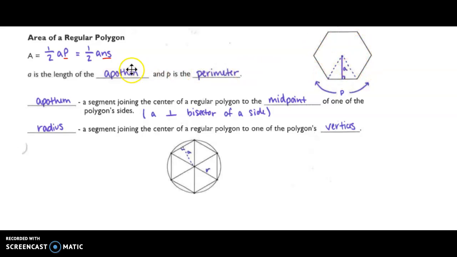I would probably use 1/2 ANS going forward. Then the radius, if you look in this picture where I'm highlighting, is the segment joining the center to a corner, what we call one of the vertices. So the apothem goes to the midpoint of a side, the radius goes to an angle.